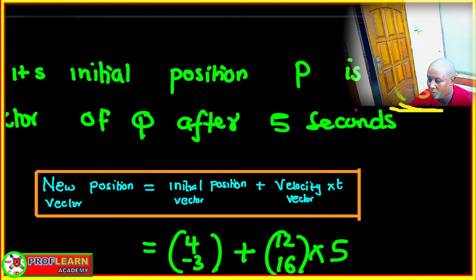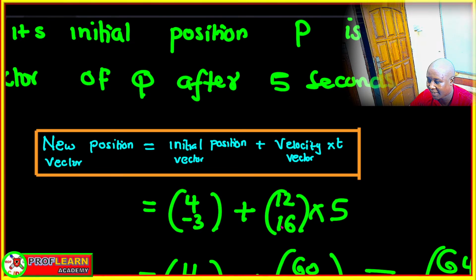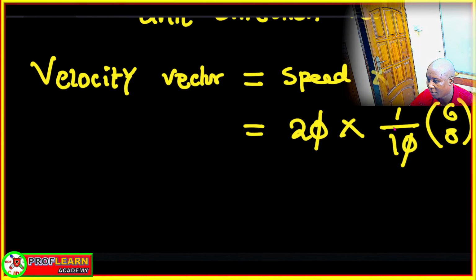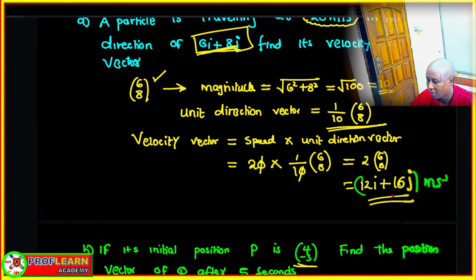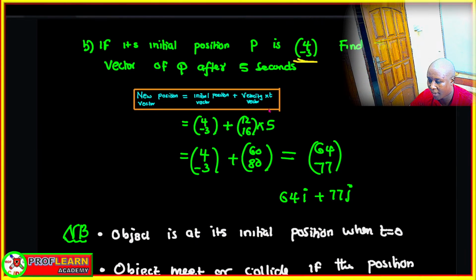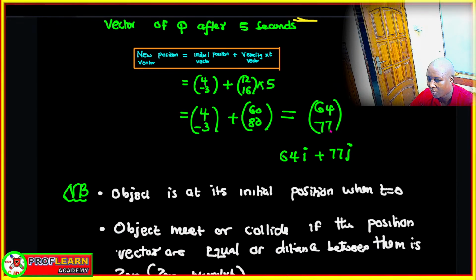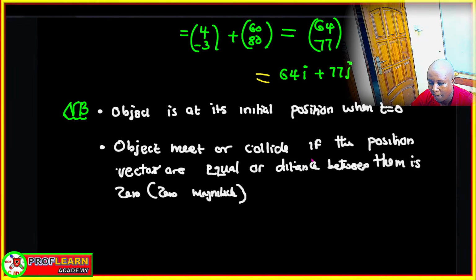So we use the initial position vector (4, negative 3) plus the velocity vector we got as (12, 16) in column form, times 5. That is 5 times 12, which is 60, and 5 times 16, which is 80. Then if you work it out, you get your answer, 64i plus 77j as the new position, and you can write it in unit vector form like that.